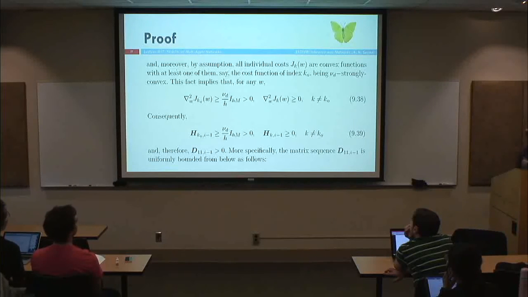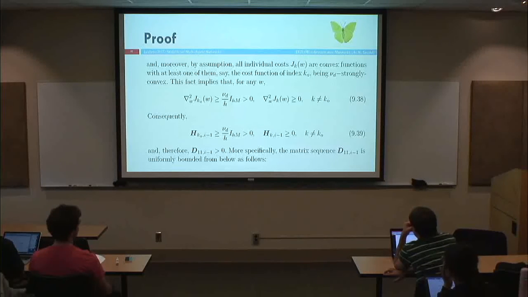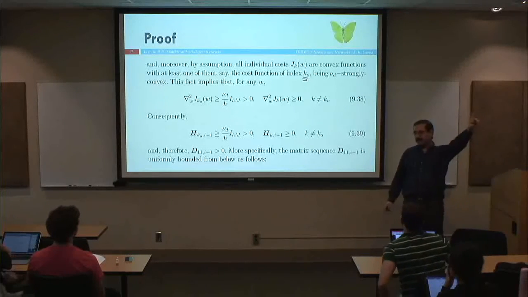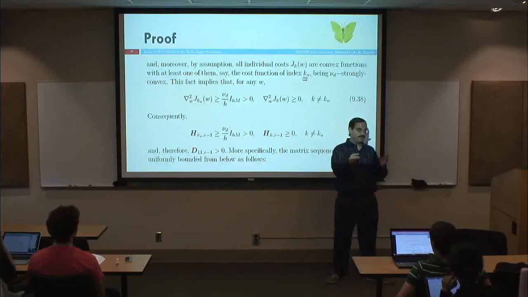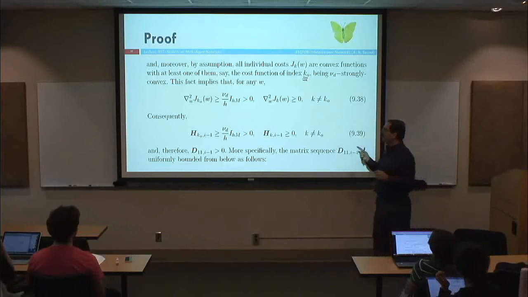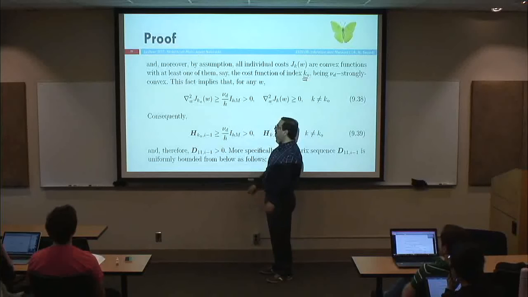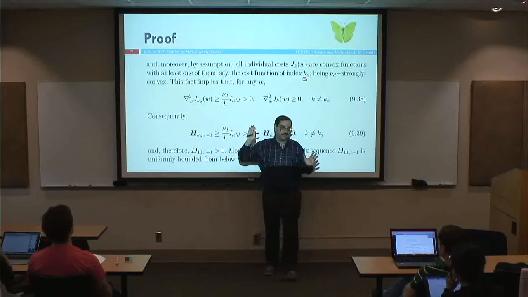First of all, remember that we assumed early on that at least one function is strongly convex, so that the aggregate sum is strongly convex. This is our assumption, right? When we formulated the optimization problem, we said the aggregate cost is strongly convex, and that's meant if we assume that at least one of them is strongly convex. So I know that at least one cost, let's say of index k0, is strongly convex, which means its Hessian will be sufficiently away from 0, right?